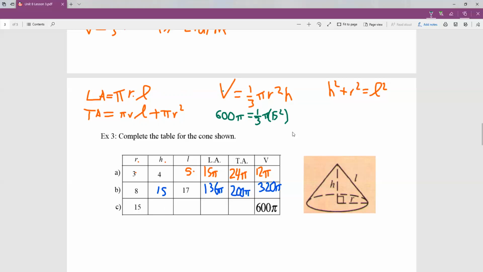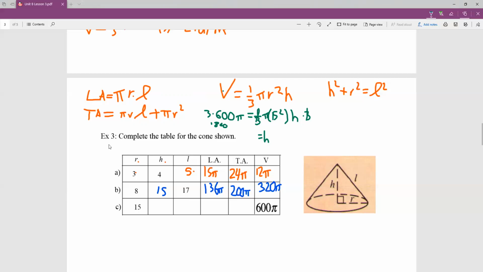And do I know my height? No, I don't. So that's probably what we're going to be finding on this first try. Now we just have to use algebra to find the height. I'm going to multiply both sides by 3 so that the 1/3 cancels out. So 3 times 600 is 1,800.